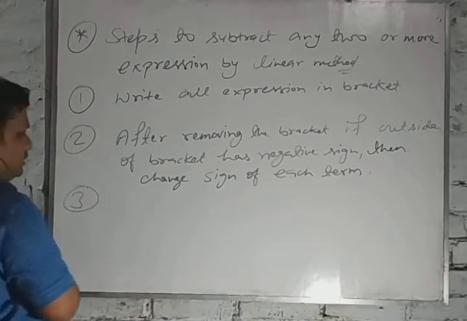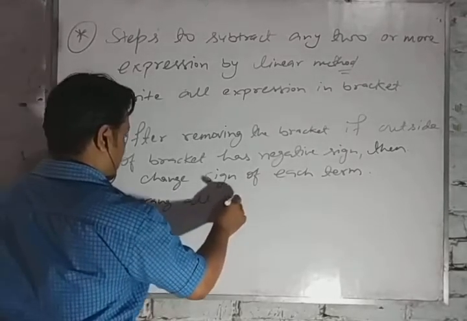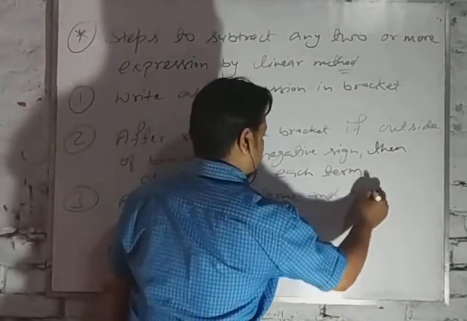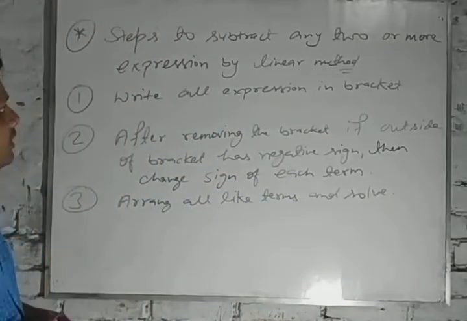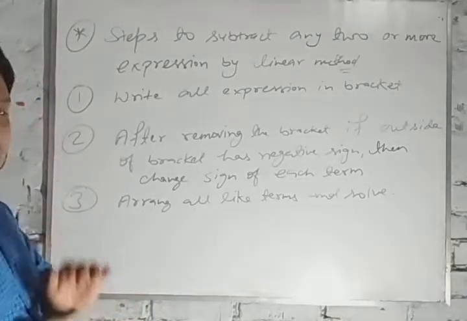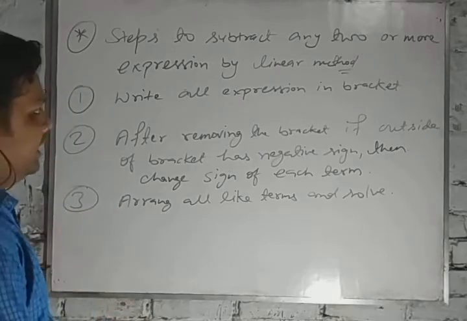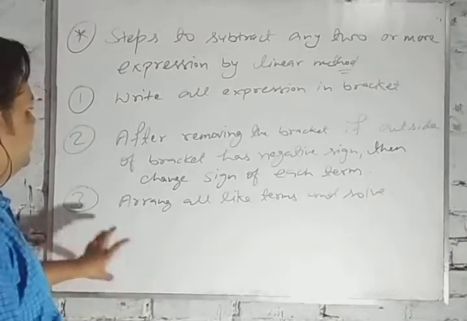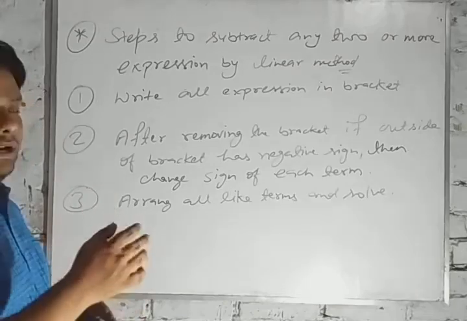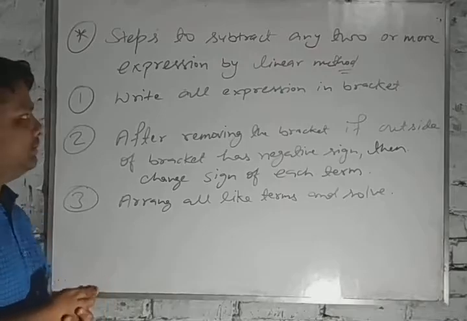Now, in the third step, arrange all like terms and solve. So these are the three steps to solve two or more expressions by the linear method. I hope that you all have written these steps, and after that I will show one example based on these steps, how to solve any two, and one more example I will discuss, how to subtract more than two expressions by the linear method.